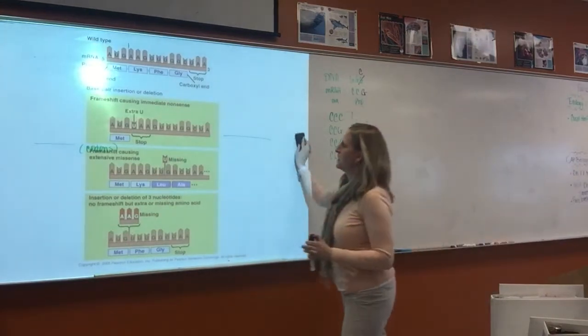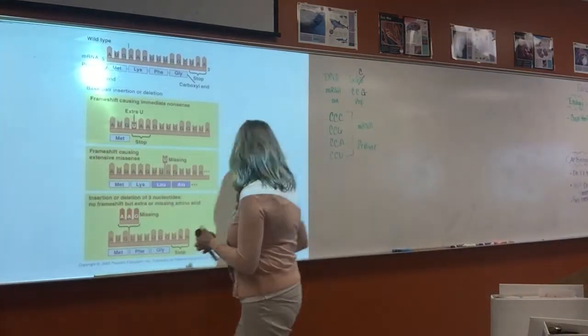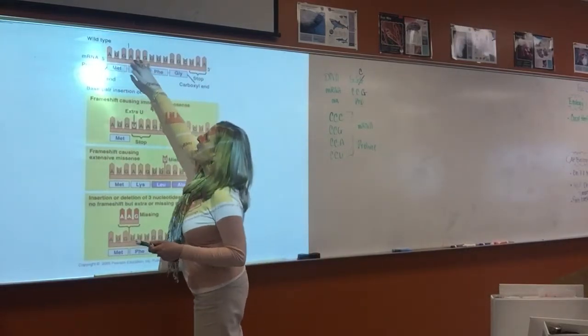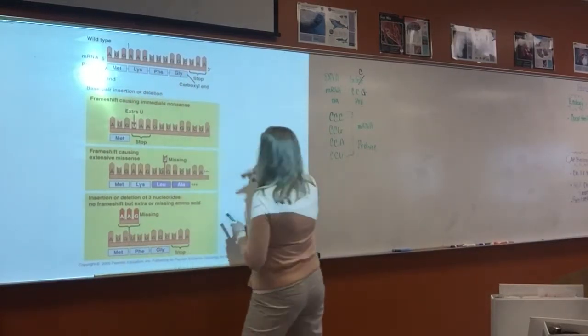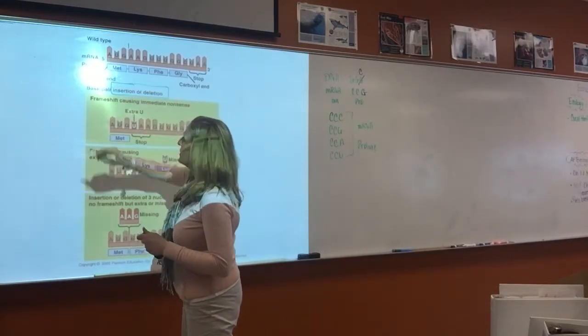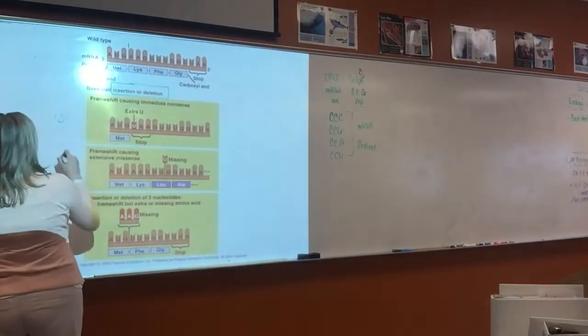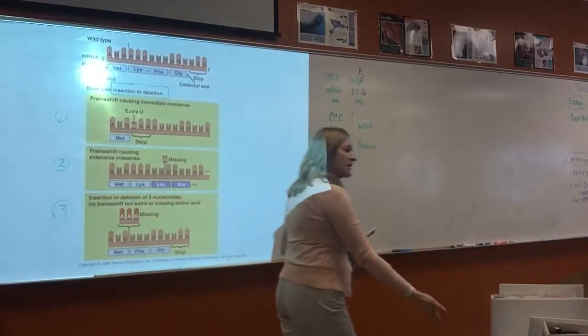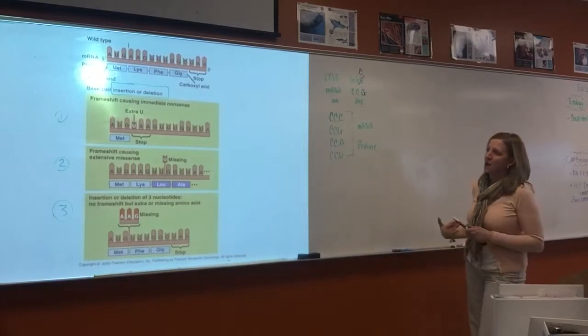So this is our last picture here. This picture looks very similar to the last picture. You have your wild type and your mRNA and the protein that you're supposed to make, except now our examples are with insertion and deletion. So we have 3 examples of this where we insert an extra base or take out a base.